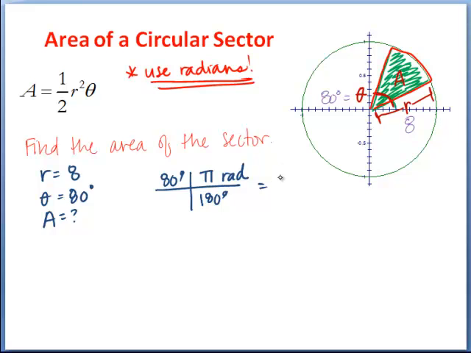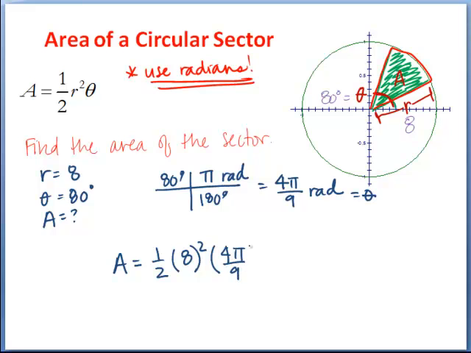This reduces to 4 pi over 9 radians. So now that we have that, that is our theta. If we just plug in what we know, A equals 1/2 times 8 squared times 4 pi over 9.